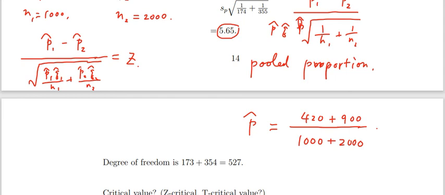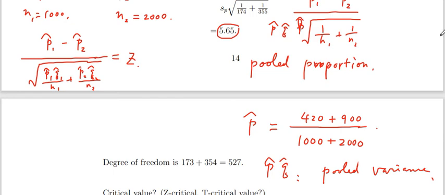And then this PQ, we can regard as the pooled variance.